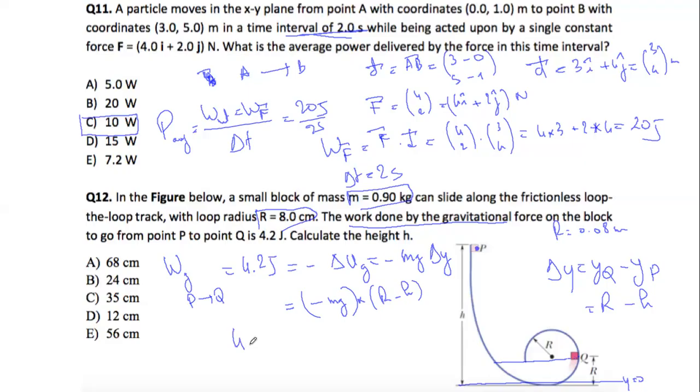In other words, I have 4.2 joules is equal to mg (h minus r). This is what I have to solve. So h will be equal to 4.2 divided by mg, plus r.